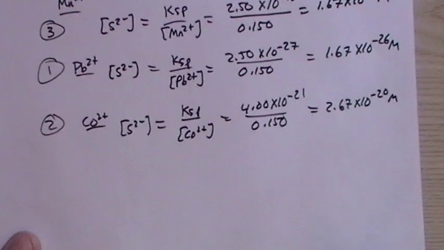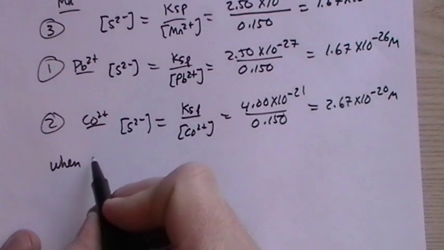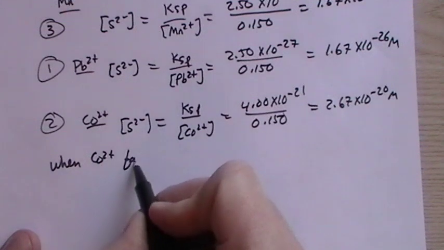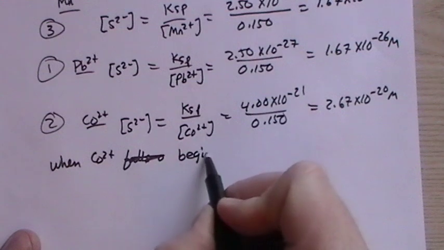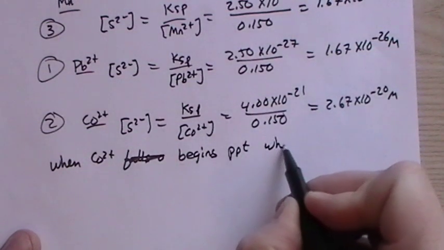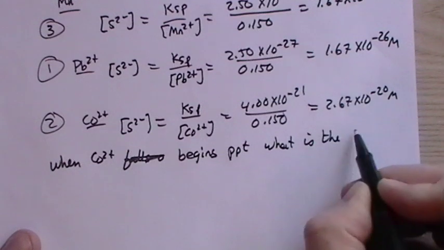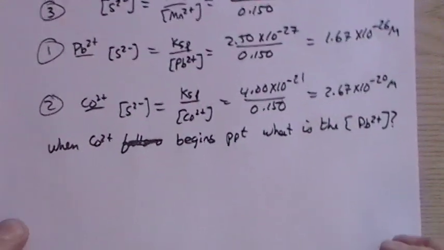So the question then is, when cobalt falls out, let's say it begins to precipitate, what is the lead concentration? So that's the next question.